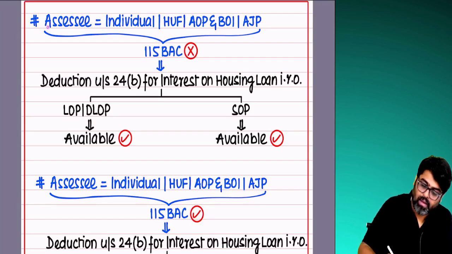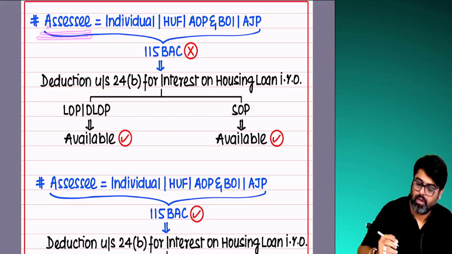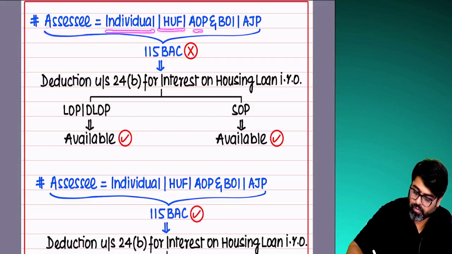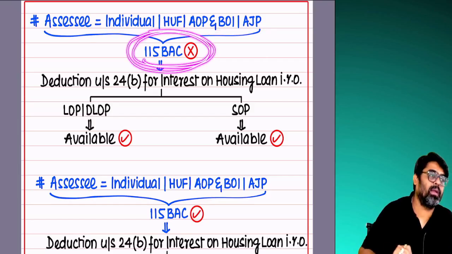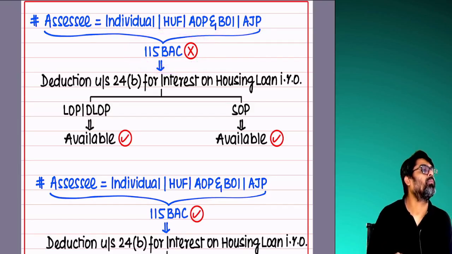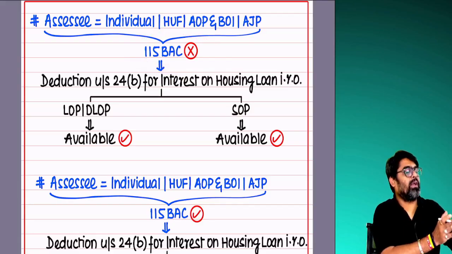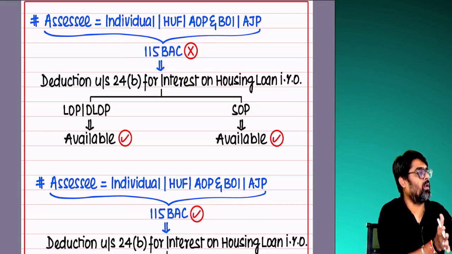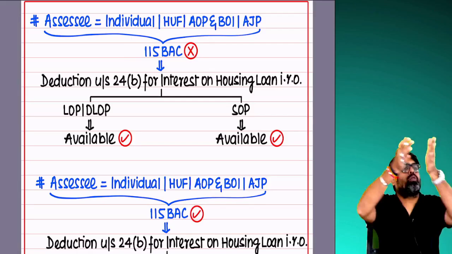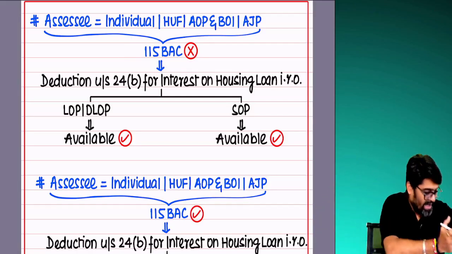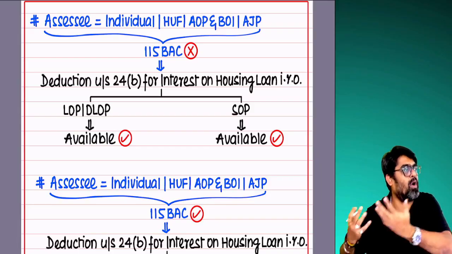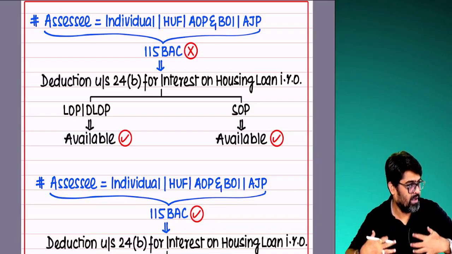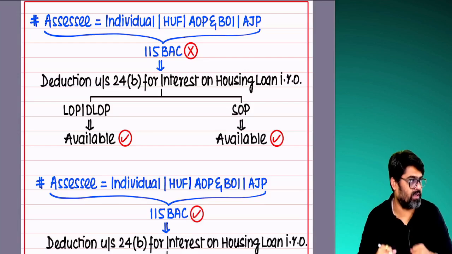Now see, if you are an assessee who is an individual, HUF, AOP, BOI and AJP, if you don't follow 115BAC, meaning you are shifting out from default tax regime, meaning you are coming in the normal tax regime, meaning you are coming in the optional tax regime.